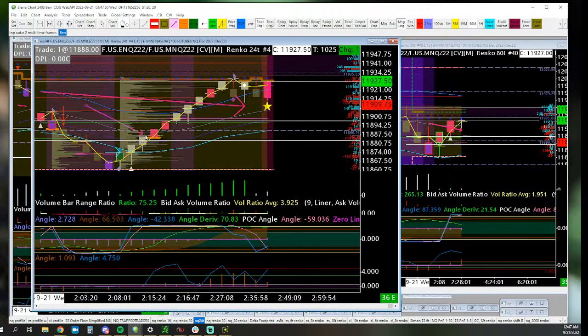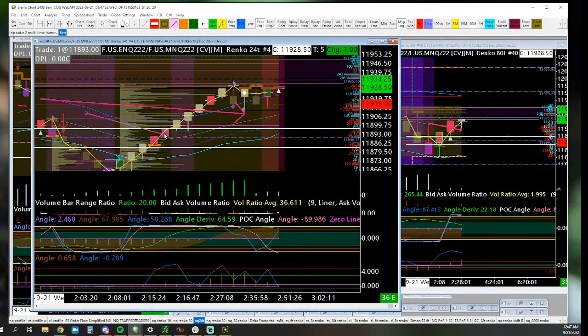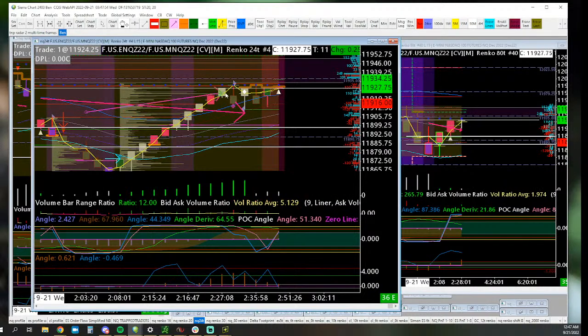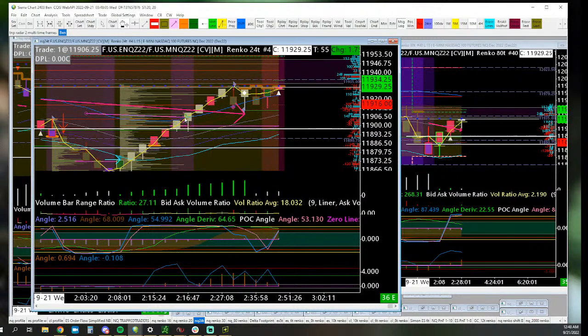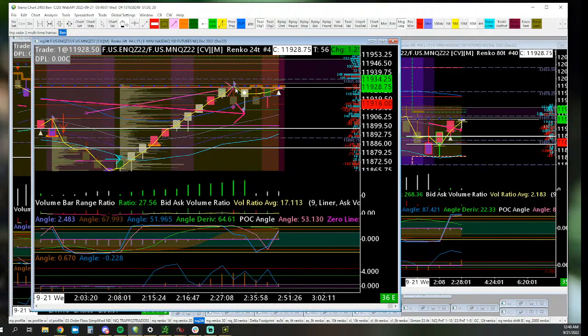If you look at just the angle of this, it clearly changed here, right? See how this is more than a 45-degree angle, and it almost gets near exponential for a moment, and then it starts to settle in here.